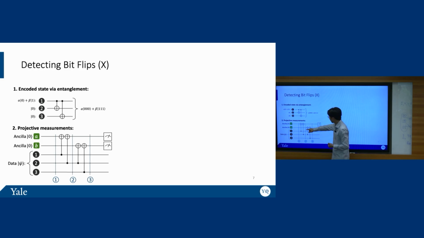You know, CNOT gates will negate the target if the control is 1 and do nothing if it's 0. If you have the pair of CNOT gates laid out this way, you'll exactly flip the ancilla qubit if exactly one of the data qubits is 1. If data qubit 1 and data qubit 2 are both 0, these two gates do nothing.